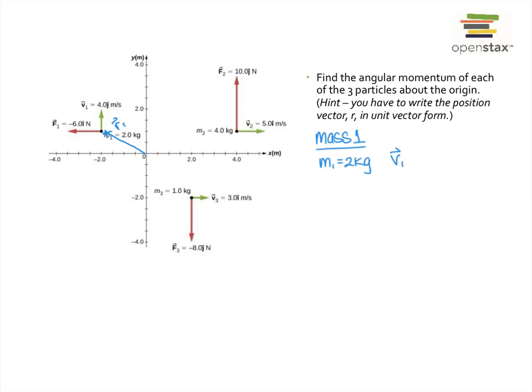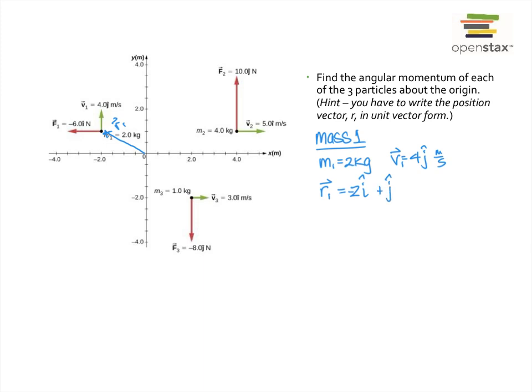V1 is equal to 4J meters per second. And now I have to figure out the R1 vector myself. I notice that it goes over in the negative x direction 2 units, so it's minus 2I. And then it goes up 1 unit, so it's plus J.